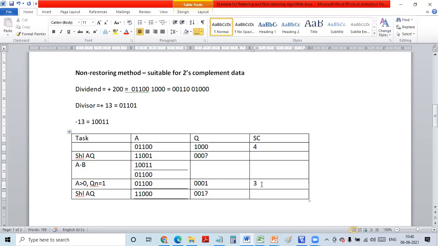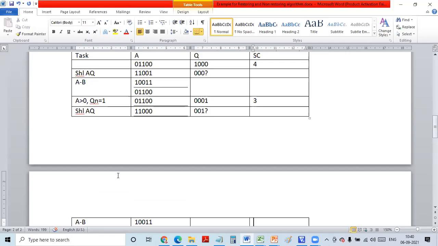So my sequence counter is reduced by 1. For the next cycle, again I have to shift and then check this bit, which is unknown right now. After the shift, since the previous value of Qn is 1, it means the previous subtraction is valid, so in the next cycle I proceed with the subtraction only.